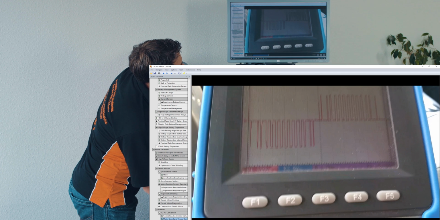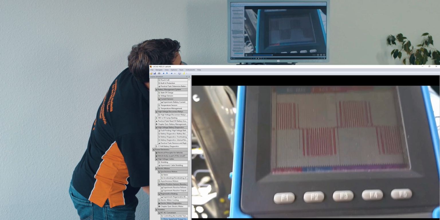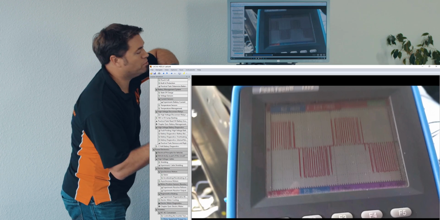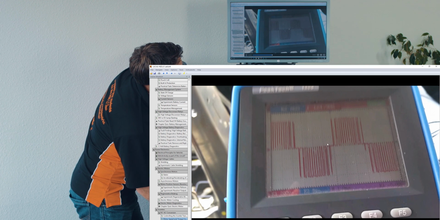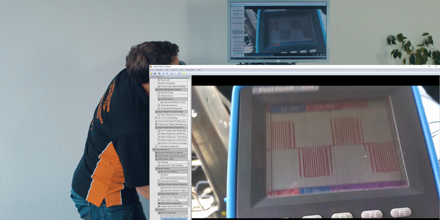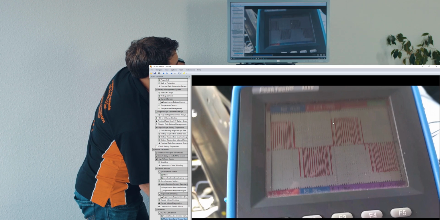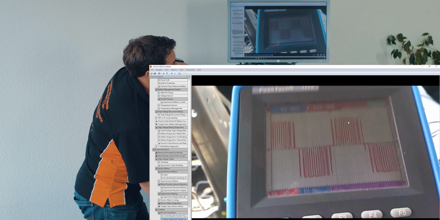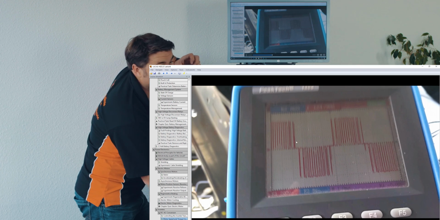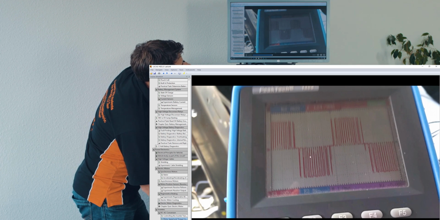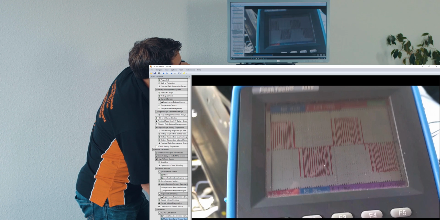So as the vehicle drives along, unfortunately it's a bit shaky here, but you can see now we've got this block. So that's the digital switches, transistors being switched on and off. And it's a bit hard to tell because of the speed of the system, but the pulse width of those is changing. So now we're going to see that AC.